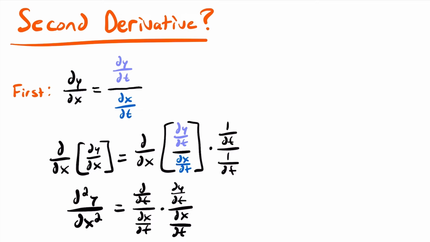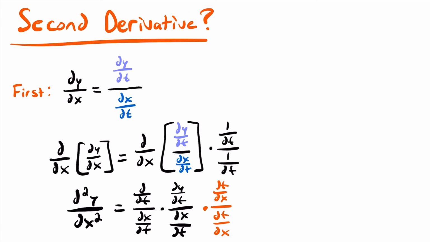What we want to do now is multiply by a form of 1 of the reciprocal of dx/dt. Notice that we have two of them in the denominator here. We have dx/dt times dx/dt. If we multiply by a form of 1 of the reciprocal of that, which means we're flipping the numerator and denominator, we'll have dt/dx divided by dt/dx.